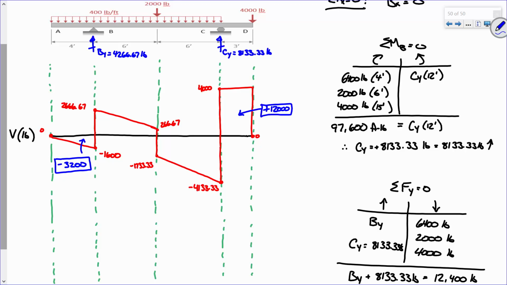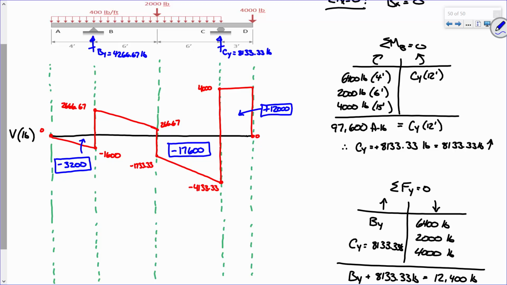Add these two numbers, divide them by 2. 2933.33. And then if I take that and multiply it by the width, 6, what do you get? So basically, I propose that entire area is negative 17,600.